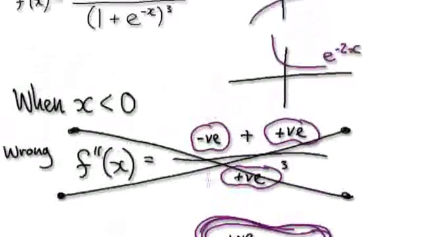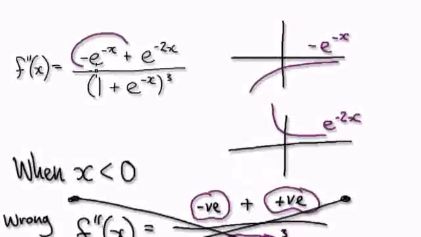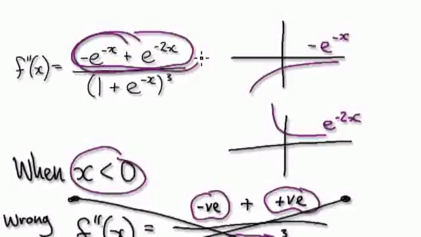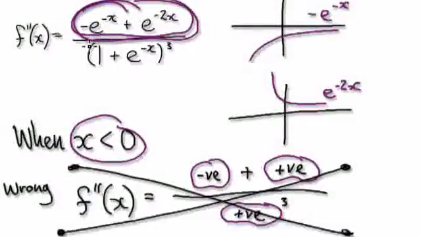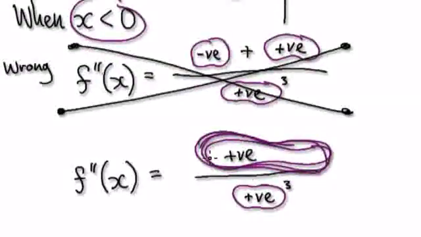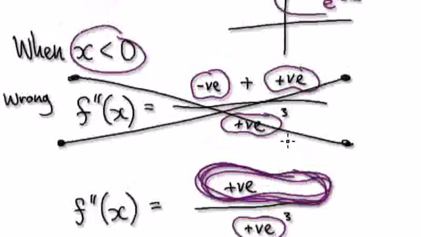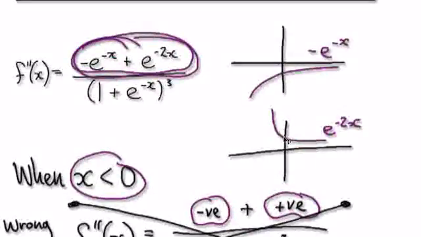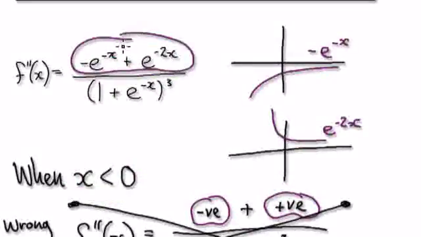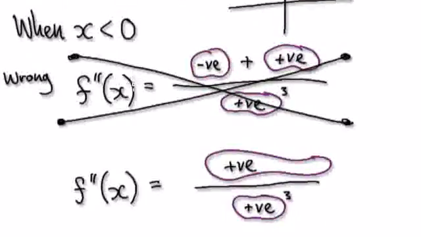So when x is less than 0, this bubble here will become a positive. You probably have to pause the video and really think for yourself why this is a positive. But this here is a positive, and this here will also be a positive.